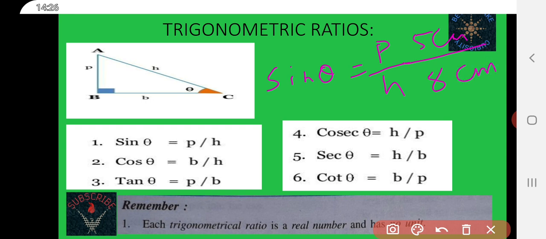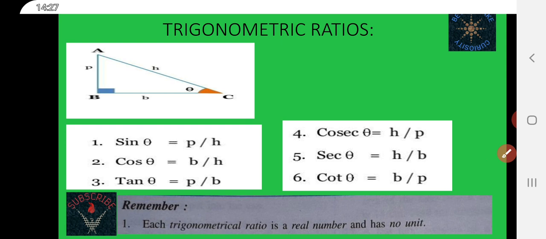Then centimeter cancel, then we get 5 by 8. So 5 by 8 is a real number and has no unit. Any unit there? No. So you remember this. Each trigonometrical ratio is a real number and has no unit.